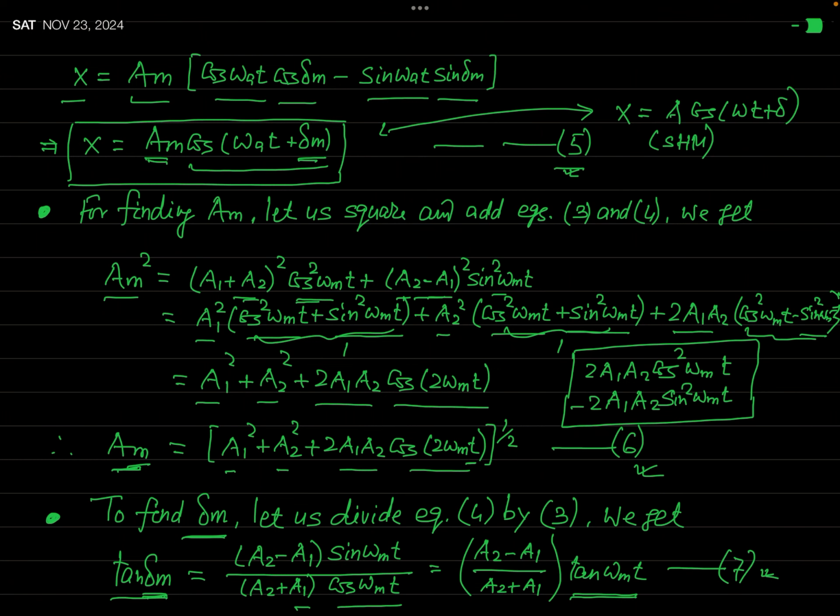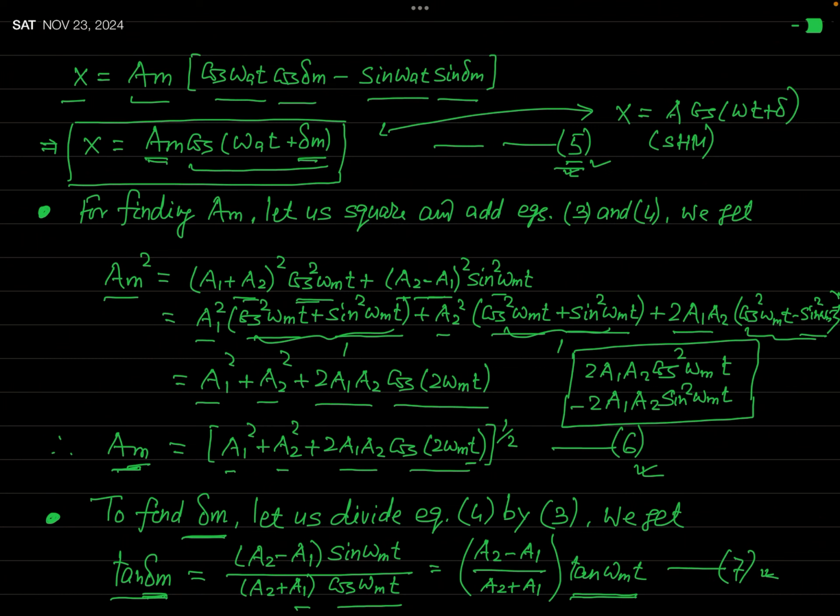In fact, the oscillation described by equation 5 is not harmonic, because the amplitude A_m and the phase constant delta_m both vary with time. They are not time independent. If A_m and delta_m were time independent, only then you could say that equation 5 represents a harmonic oscillation.